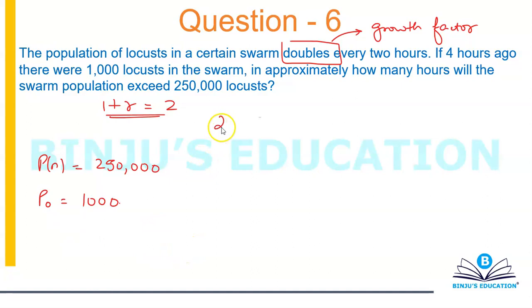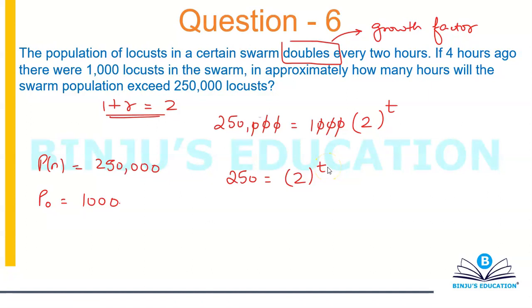So this will give me that 250,000 is equal to 1000 times 2 to the power t. So 250 is 2 to the power t.